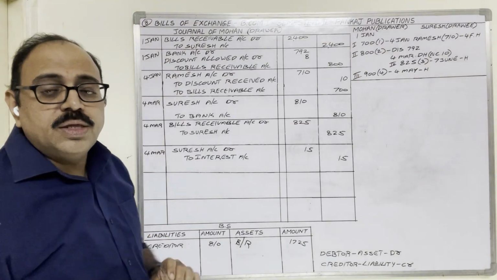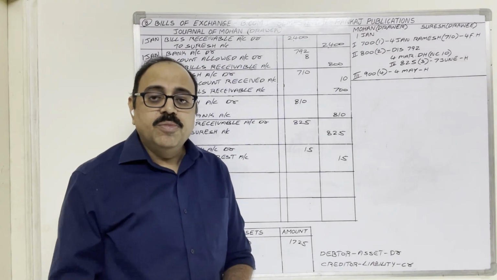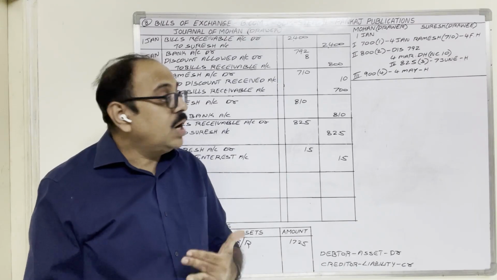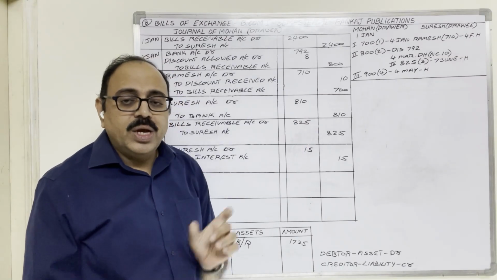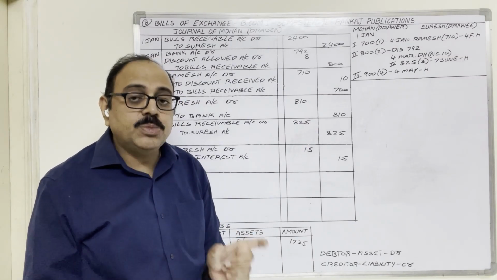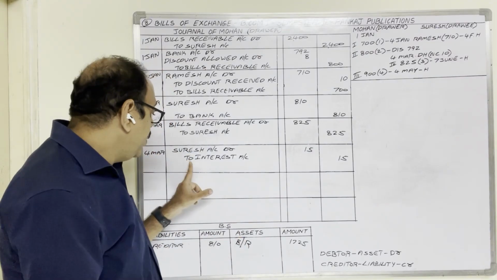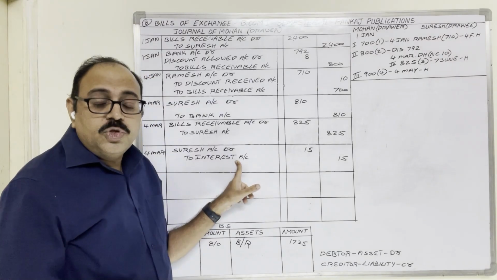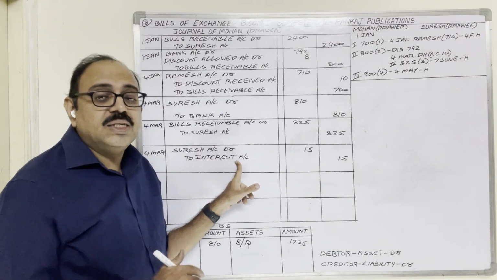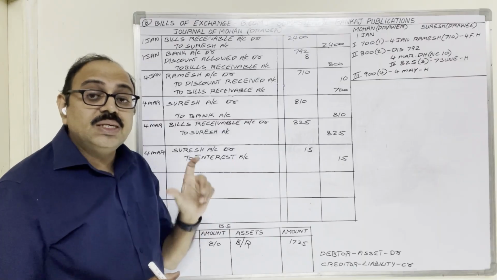To Mohan, this interest is an income, because in future that interest should come from Suresh. So income comes under nominal account. As per nominal account, credit all incomes and gains. Therefore, we are crediting interest account. So this is not the entry for interest received. This is for interest receivable.